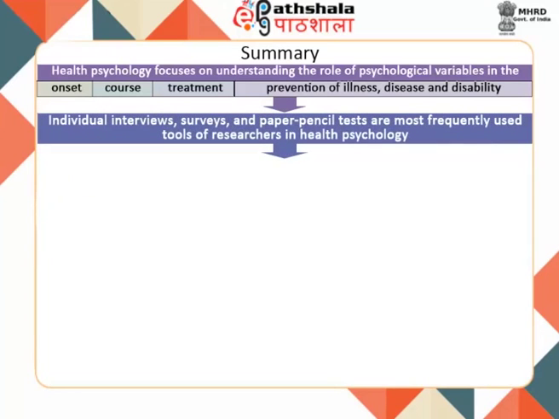Individual interviews, surveys, and paper pencil tests are most frequently used tools of researchers in health psychology to assess a current state of affairs with respect to some disease or condition, gauge treatment process, and evaluate outcomes of intervention.